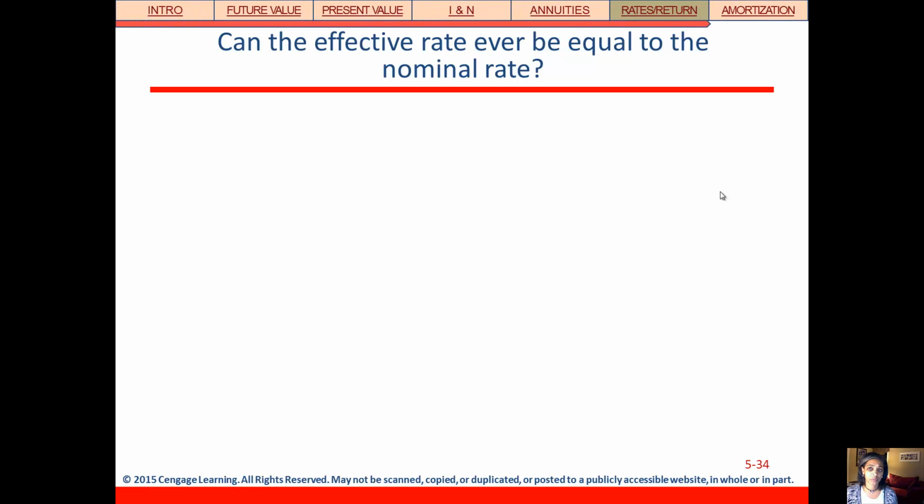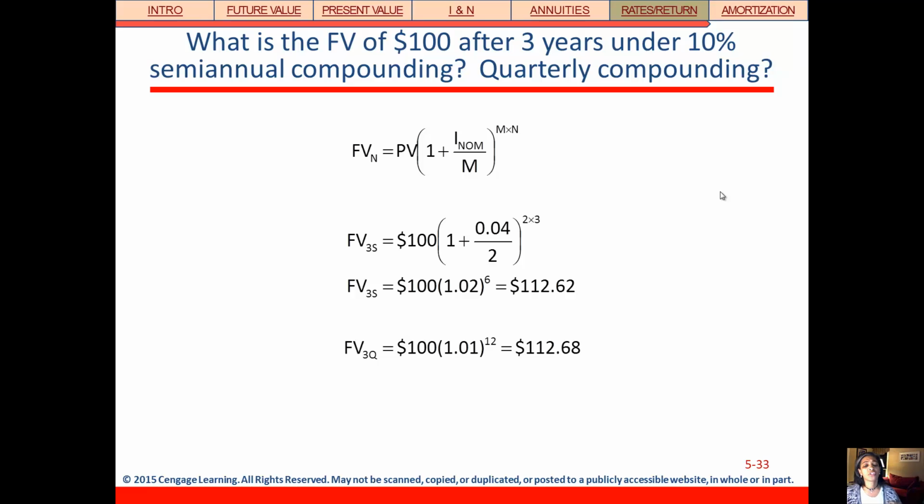And let's go back to that one for a second. So in the financial calculator, what we're going to do then is, let me get this going on my calculator. What we're going to do for semi-annual compounding, now our N is going to be N times M. So it's 3 years, 2 payments a year, so N is 6.